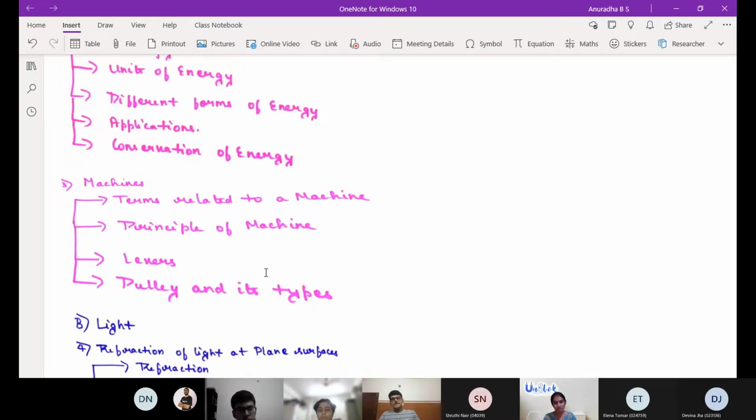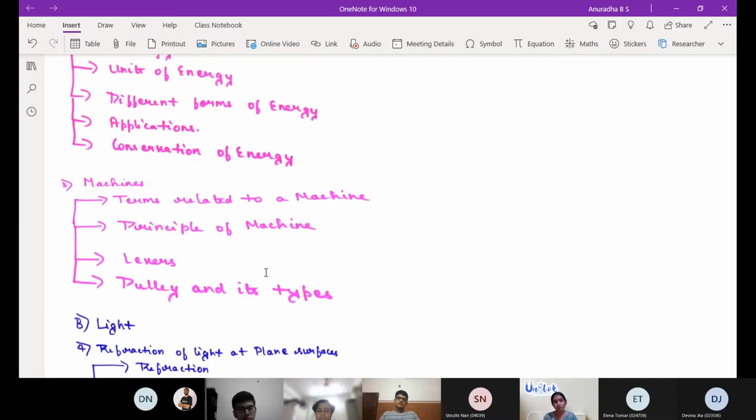So there is some principle which is acting on this machine. How are the machines working? So you will be learning about how a machine works. To know about the efficiency, what do you mean by efficiency? As a teacher, how efficiently I'm teaching, that is efficiency.